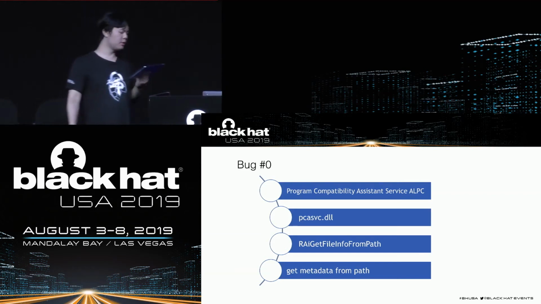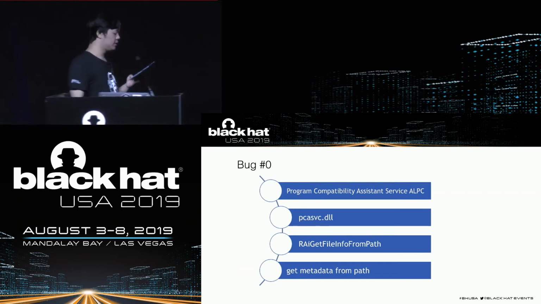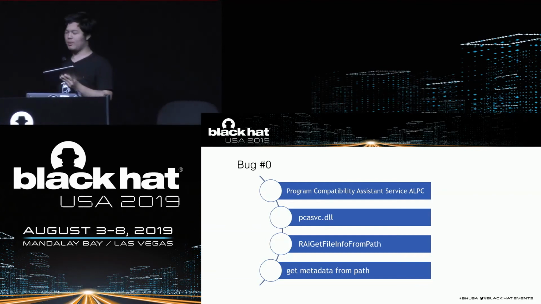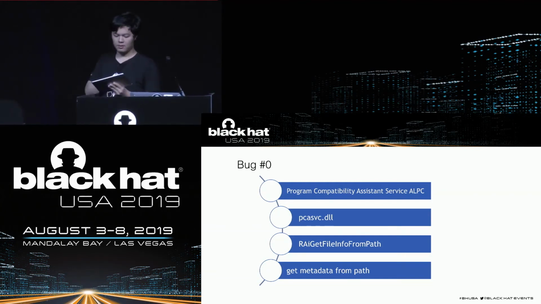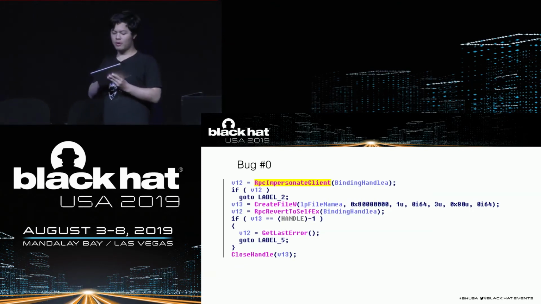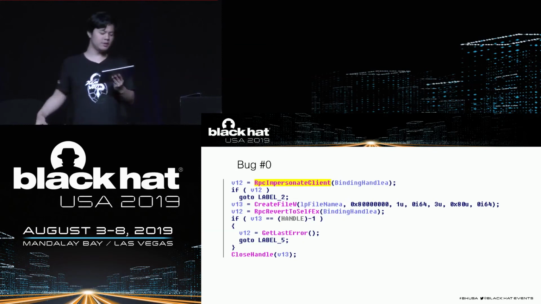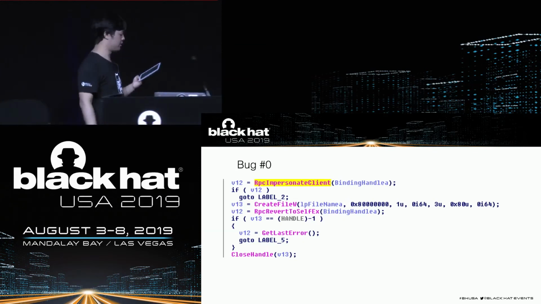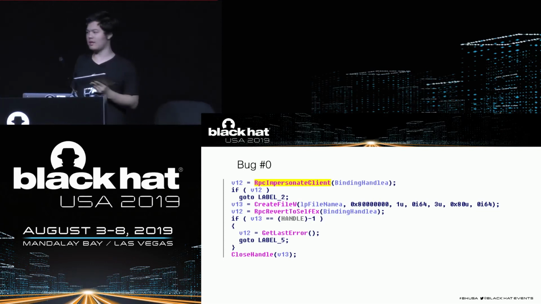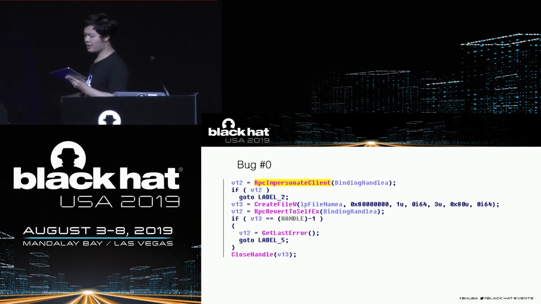It is located in the assistant service ALPC, and it is used to get metadata from the path. Before it reads the metadata, it will first impersonate the current user's token, and it uses the CreateFileW function to check if the current user could read that file.